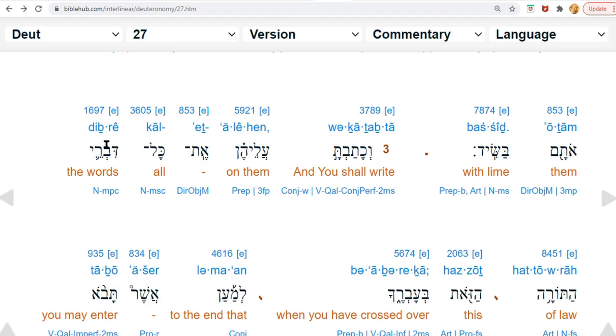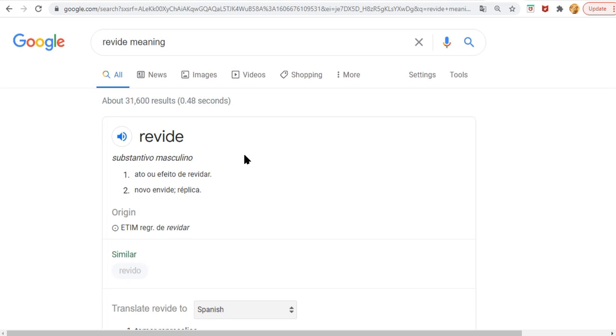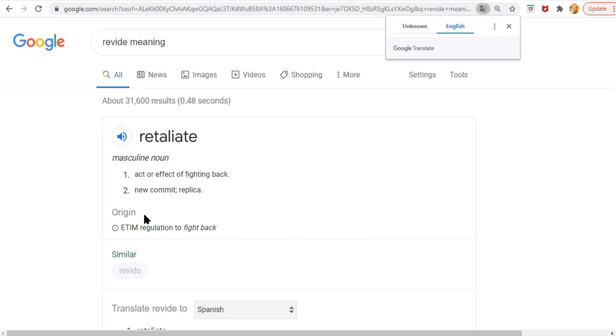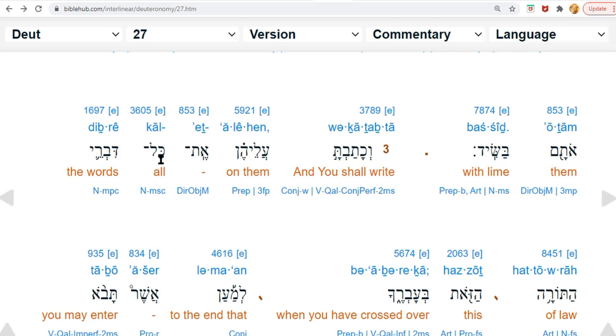The make revide, look to. Revide is a Latin word, and it means to retaliate, an act of effective fighting back, retaliation. Provide, look to annihilate.